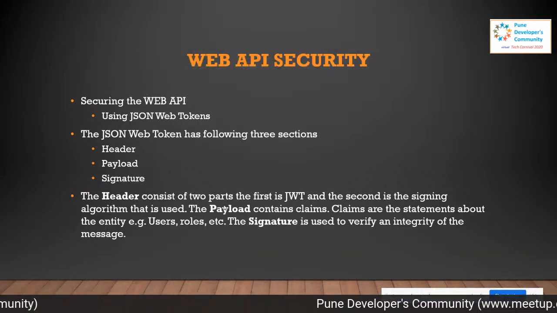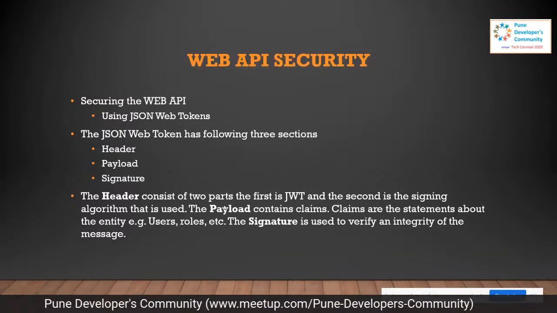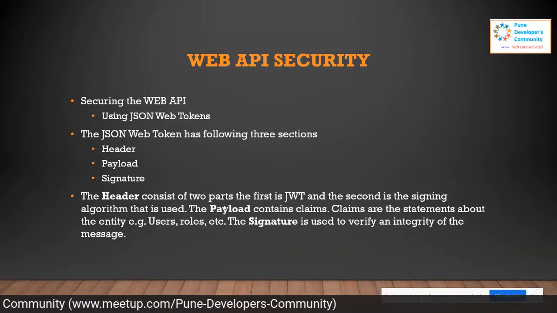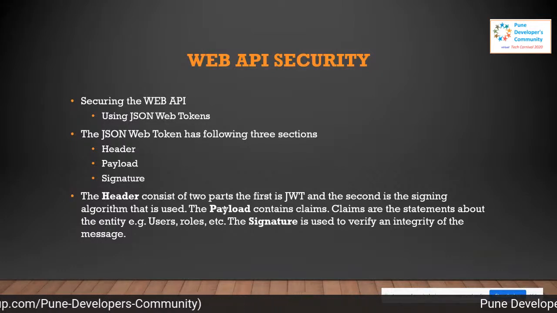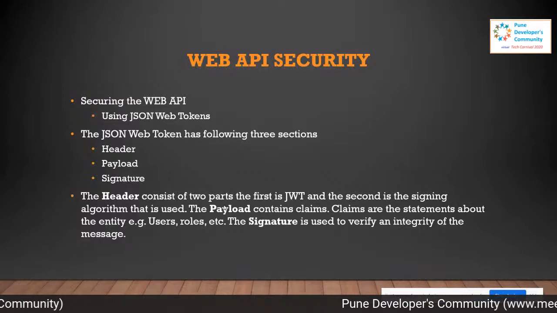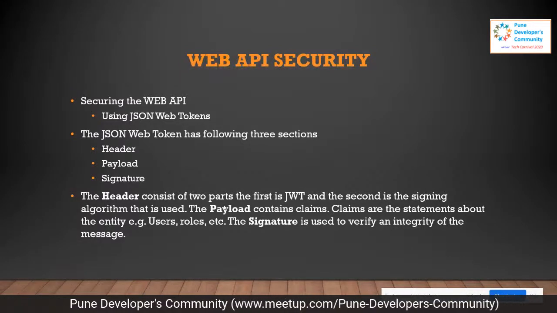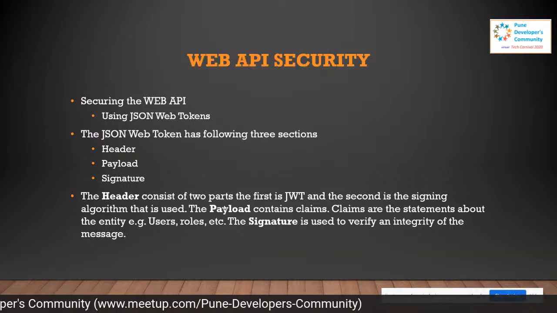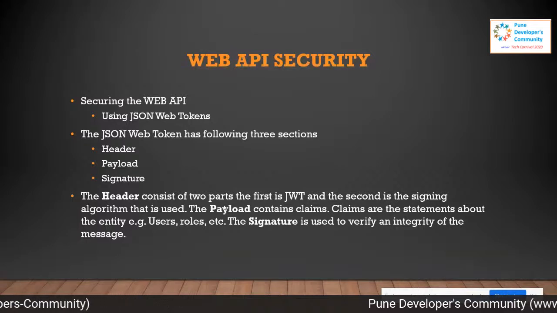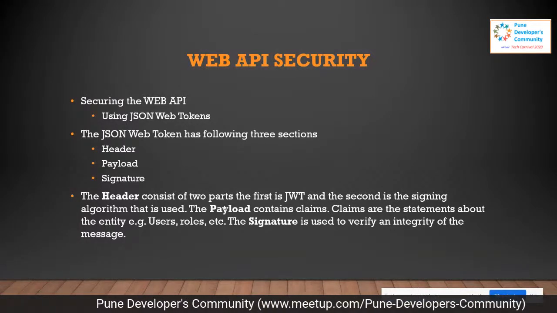Now, the JSON Web Token is divided into three parts: header, payload, and signature. What is the use of each section? The header consists of two parts.